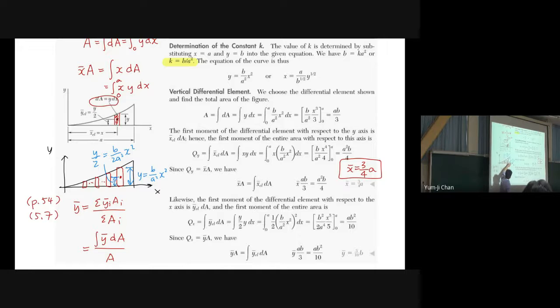Then we can calculate this, and from here we can get y bar equal to 0.3.